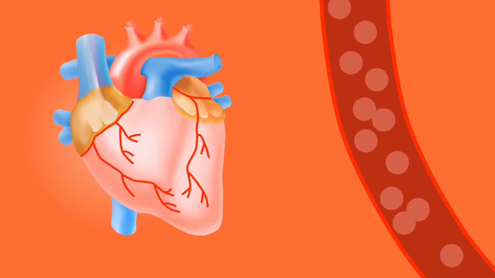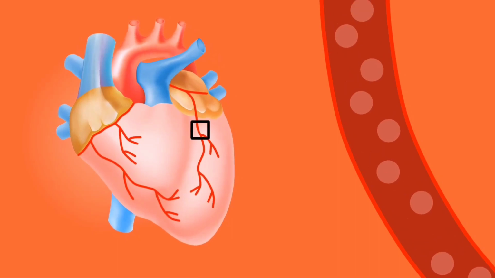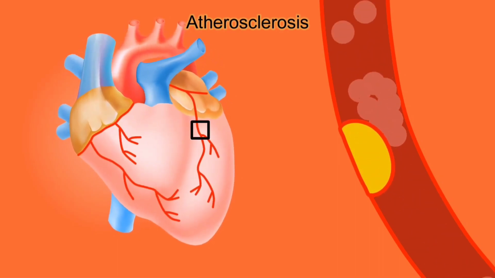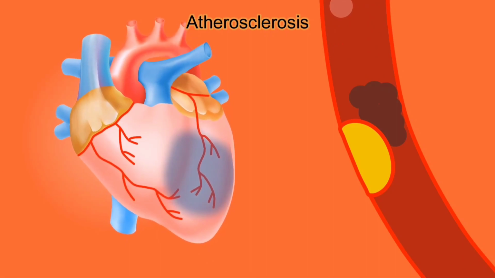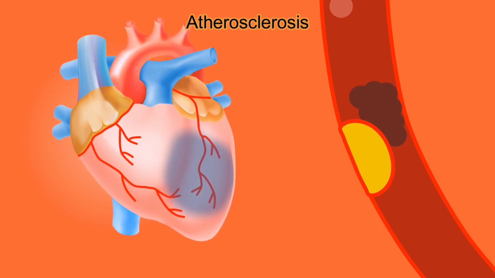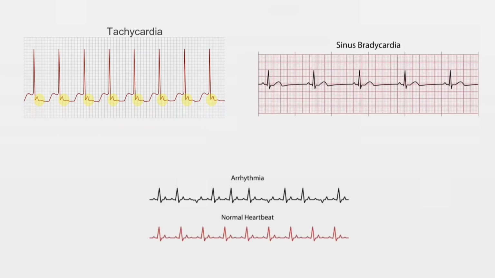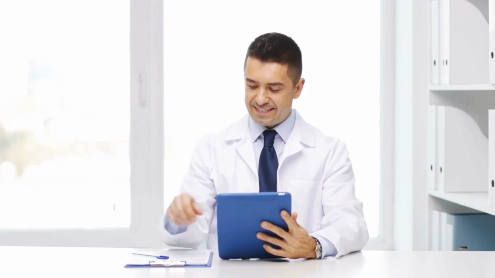Second, the commonest cause of defective conduction through the AV bundle is atherosclerosis, which is fat accumulation in the coronary blood vessels. A rapid pulse is said to be tachycardia, a slow pulse is said to be bradycardia, and an irregular pulse is said to be arrhythmia.